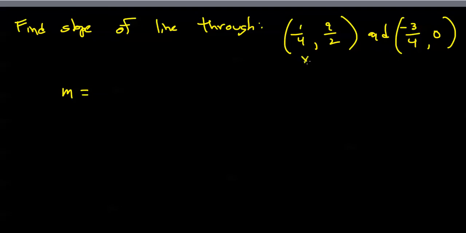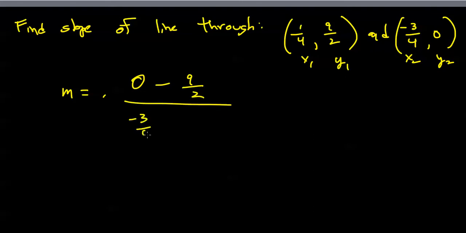Again, I would probably label this point x1, y1, and this point x2, y2, and say my slope is then y2 minus y1 over x2 minus x1.